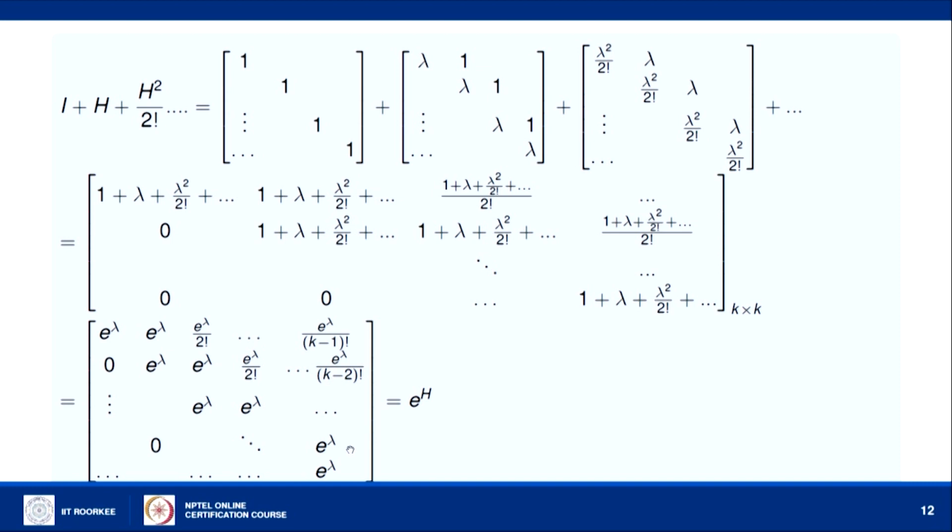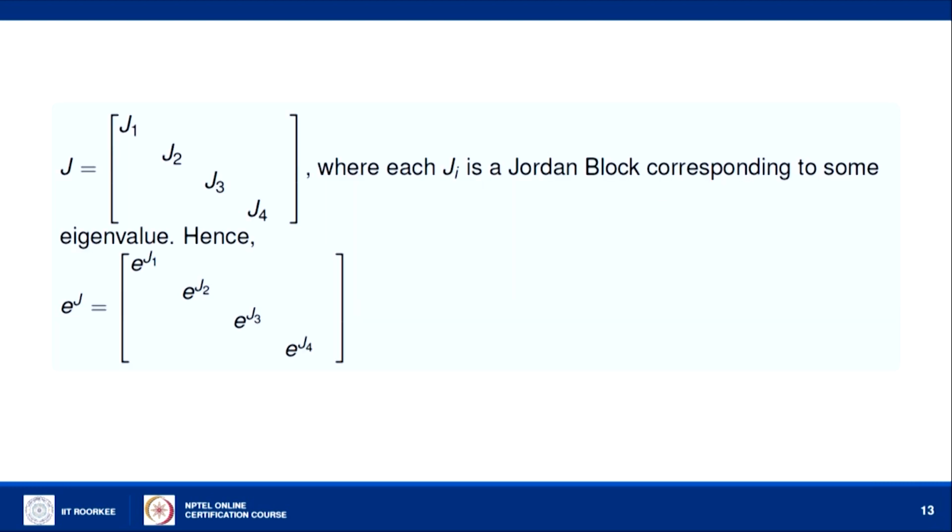So, in this way you can evaluate e raised to power H, and since J has various Jordan blocks, this formula has to be applied to each Jordan block separately based on the size and given eigenvalue.